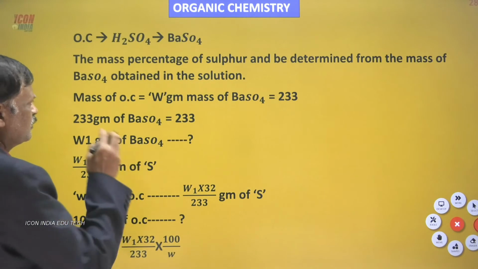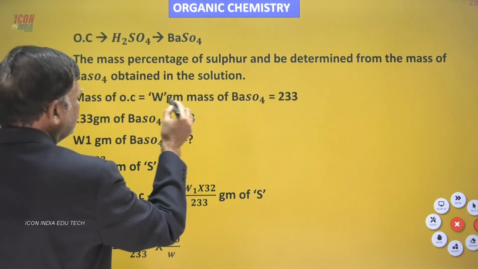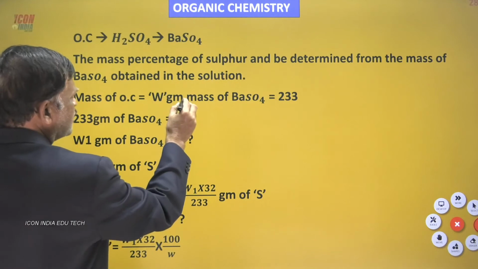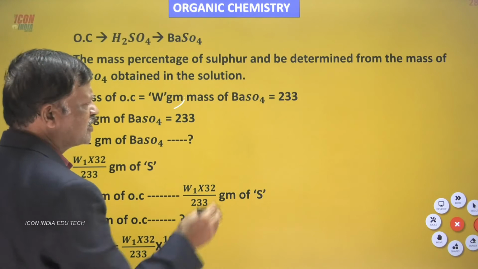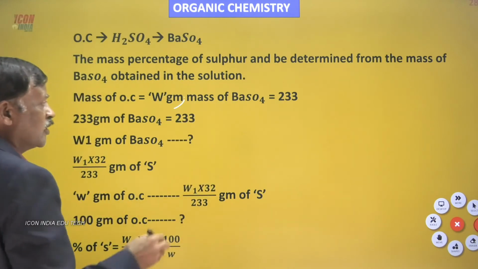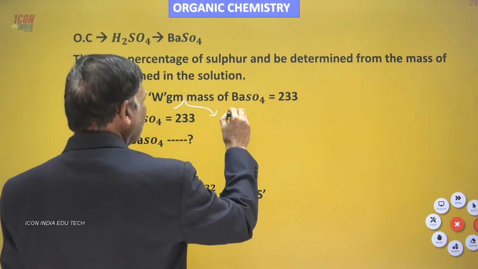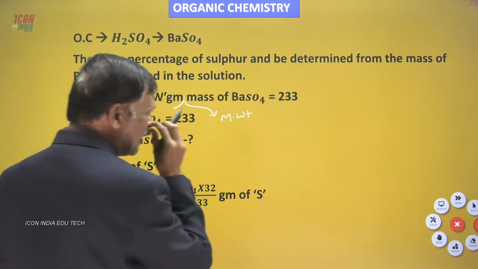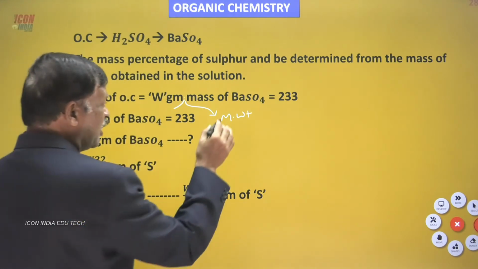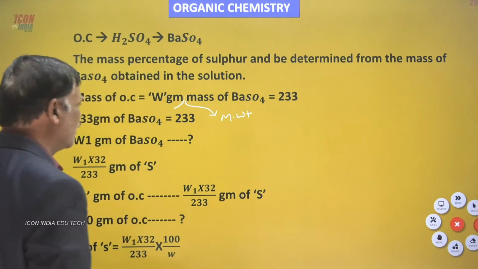For example, mass of organic compound as usual W grams, and the mass of barium sulfate obtained in the Carius method is W1 grams. The molecular weight of barium sulfate is 233, because barium 137, sulfur 32, 4 oxygen 64.